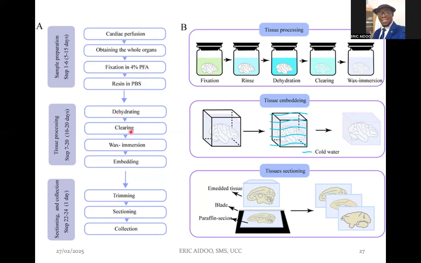You dehydrate, you clear, you wax immerse, you embed, you trim, you section, then you collect your specimen. So that is the process it is going through: fixation, rinsing, dehydration, clearing with the xylene or whatever substance you use for the clearing, then tissue embedding. Then you have these sections. These planes are just examples of what the sections that the microtome has cut the tissue into.